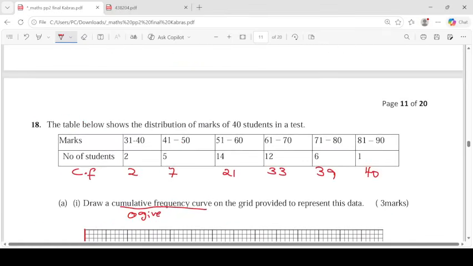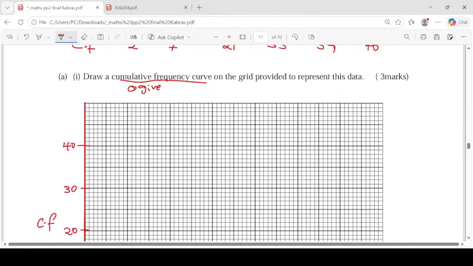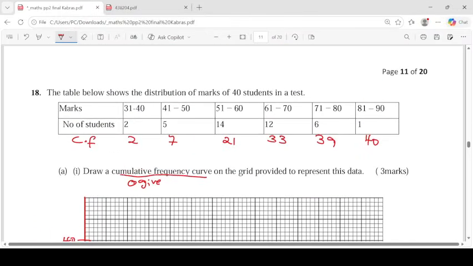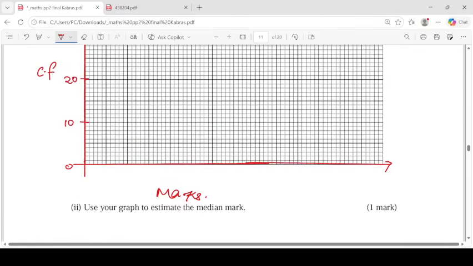On the x-axis we should be having the marks, because the number of students is on the y-axis. So we'll start with the lower limit. That is, it will be from 30.5 to 40.5 all the way to 90.5. So ladies and gentlemen, I can have here 30.5.